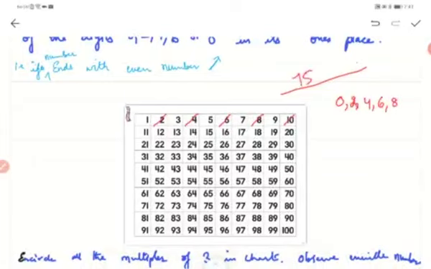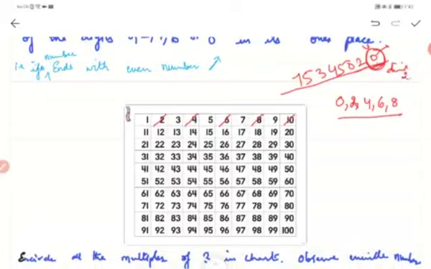If I take a big number, you just need to check at the units place whether this digit is an even number or not. If it is an even number, then it is divisible by 2, isn't it?